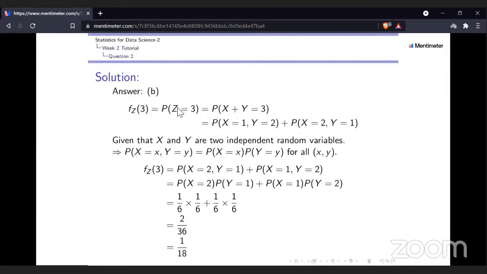And since they are independent, we can easily write it as P of X equals x into P of Y equals y for all the pairs x and y. And we just have to substitute the values and you will get your answer. Does anybody have a doubt in this problem? No, ma'am. No? Yeah, sure. So we'll move further.